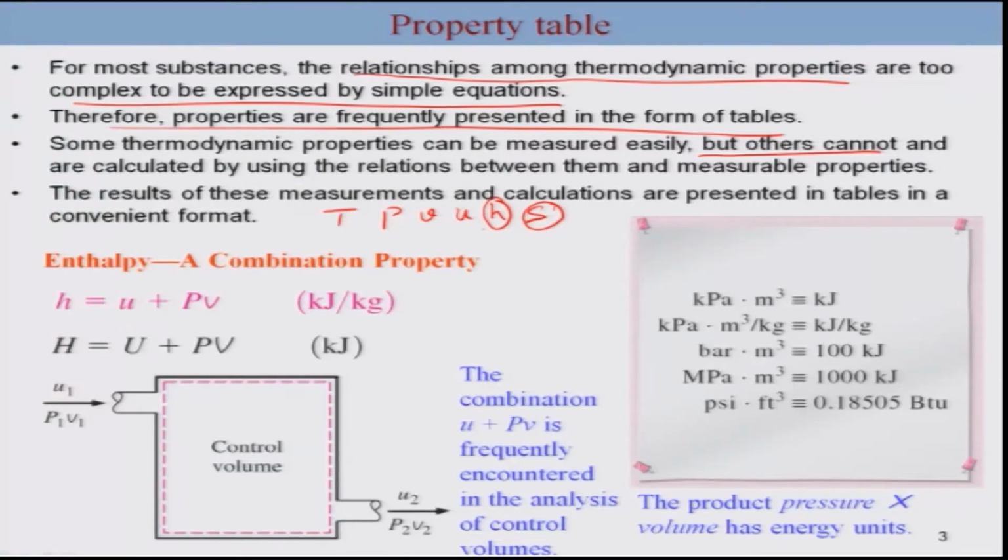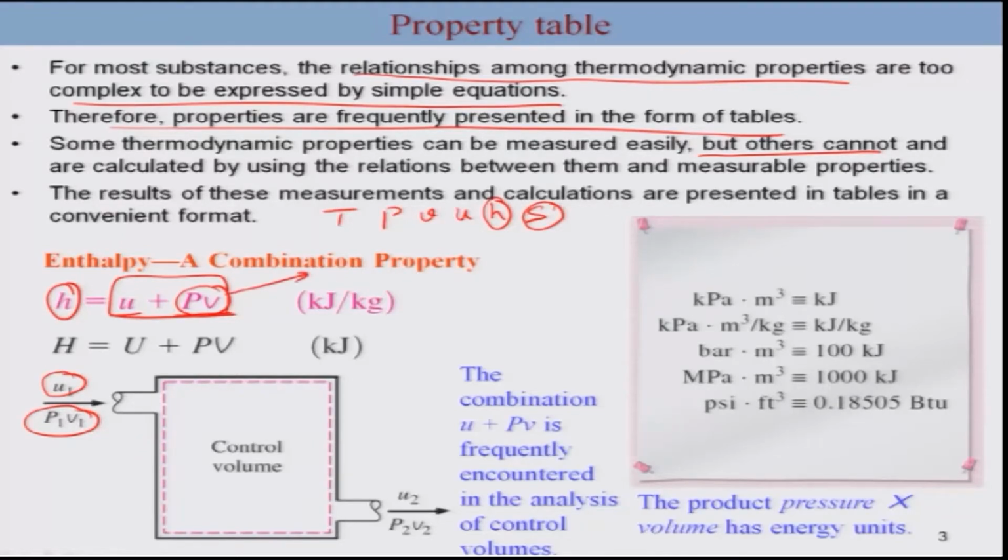So H is defined as U plus PV, and the reason for that is that it is commonly or frequently encountered in the analysis of control volume. So you have your internal energy as well as your PV energy, and thus this becomes more useful that for the sake of convenience we put it together as U plus PV and define a term called H. And this particular PV we have already discussed in mechanical energy.